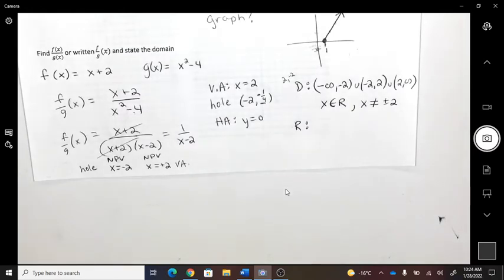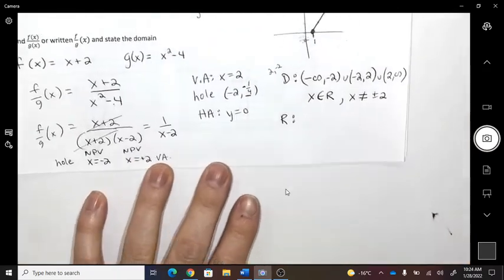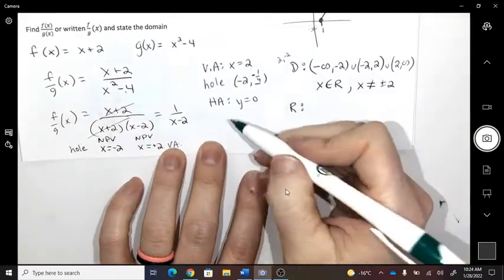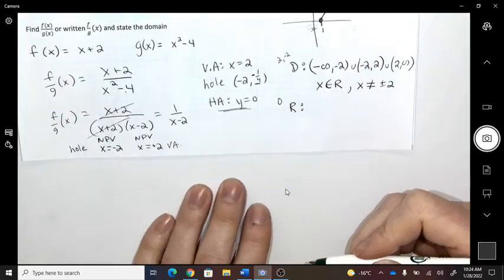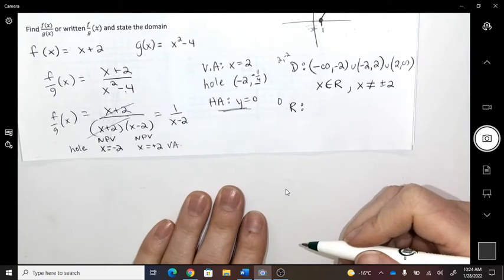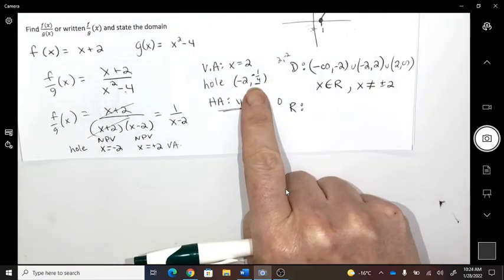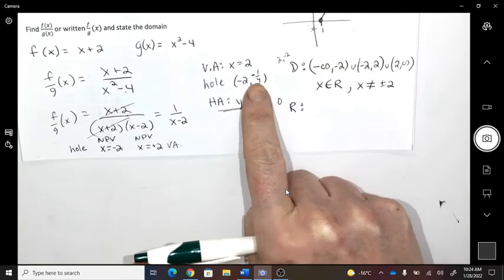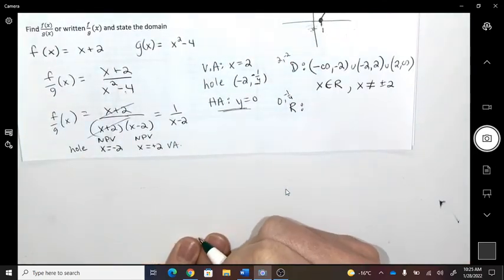Okay, range. What kind of y values did I not want to be at? Well, here I had an asymptote, so I didn't want the y value of 0. And remember that we had a hole. So if I skipped over that hole, I skipped negative a quarter.